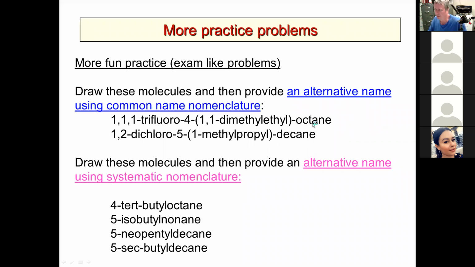So try these names, draw them, and then give the alternate name, okay? And then the other thing to do is draw these ones, but then give an alternate name using systematic nomenclature. And that's the dimethyl ethyl, 2-methyl propyl, etc. If you can get through these, you've got this down. And this is not that hard once you try it a couple times, all right?